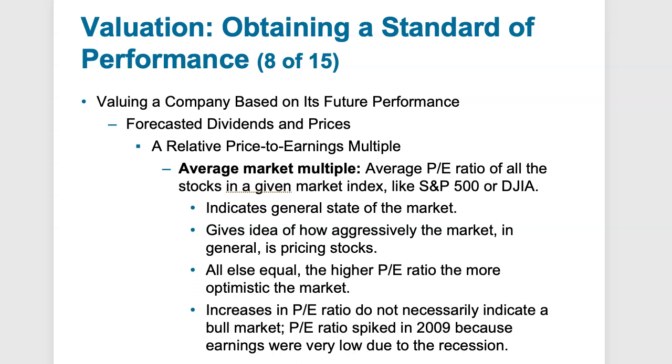But something weird can happen in a bear market, where suddenly earnings evaporate due to a recession, and stock prices may not follow as quickly, or the stock prices start to move up in anticipation of the next bull market before earnings move up, and then that could raise PE multiples too.